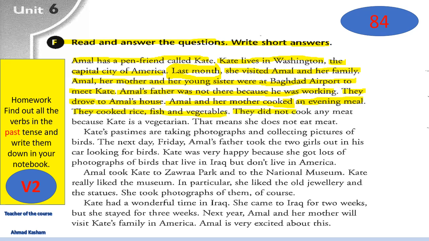They did not cook any meat because Kate is a vegetarian. A vegetarian here is a person who doesn't eat meat at all. That means she does not eat meat. See?